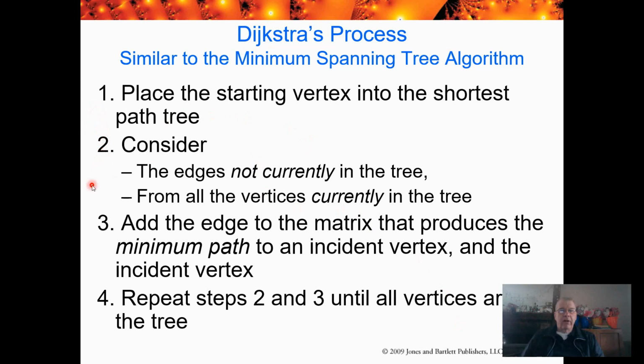Number two, you consider all the edges not currently in the tree from all the path vertices currently in the tree. And step three is the first place that it differs from Prim's, because Prim's algorithm takes the first two steps, but it looks at the next shortest edge. Well, in Dijkstra's, we look at the total minimum path back to the starting vertex, and we include the edge and the incident vertex. And then we repeat steps 2 and 3 until we are done.